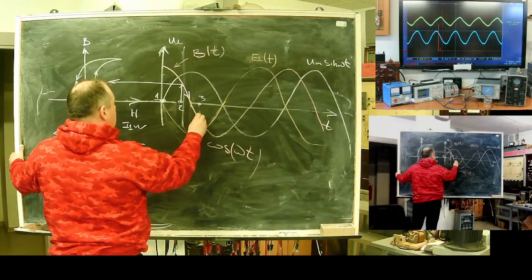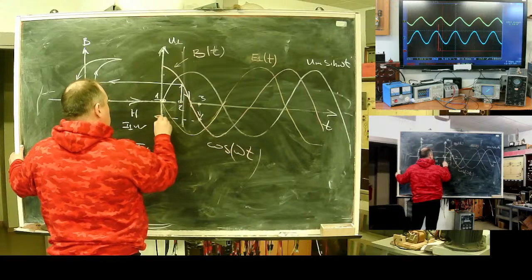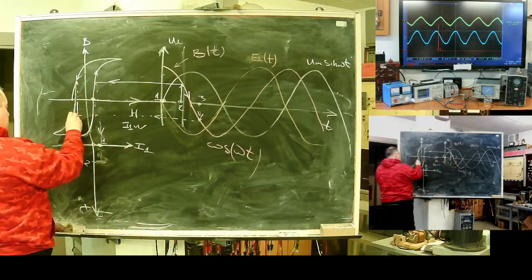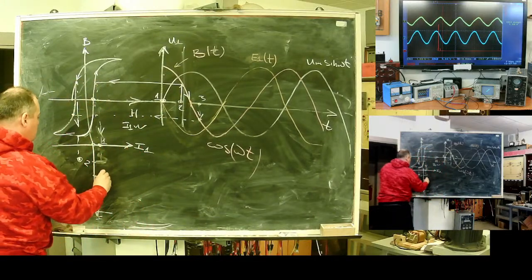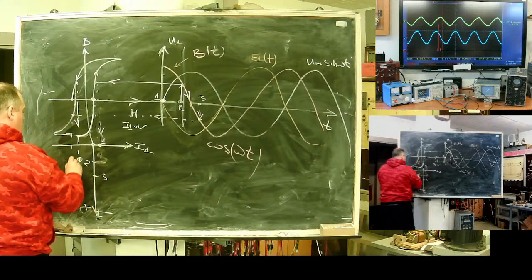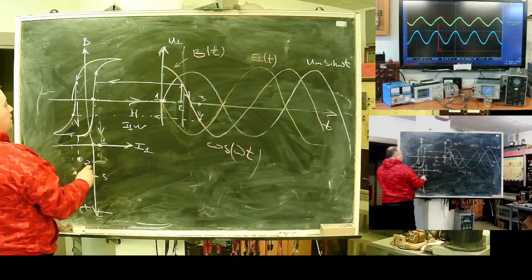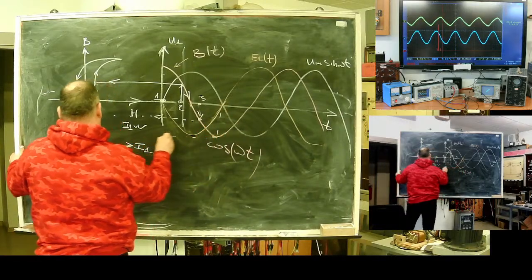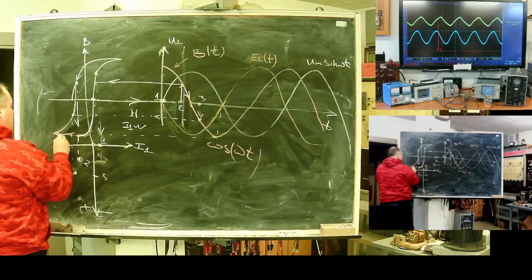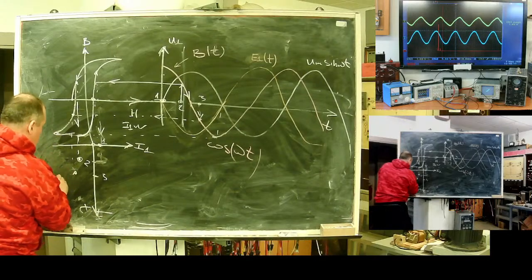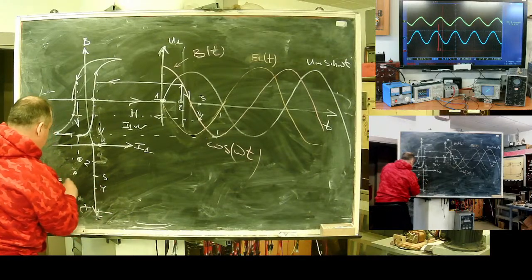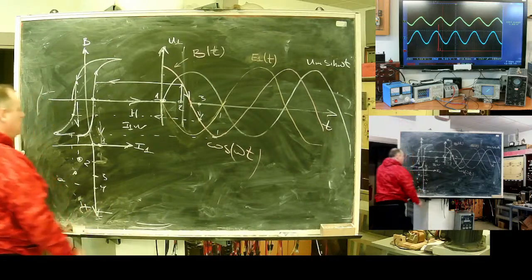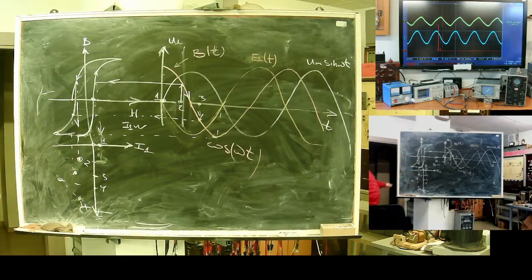Here is my point 3. Go this way, this way, this way. Here, the same time 3. Next one, for example, this one. Here is my point 4. And so on. You see how I'm creating?